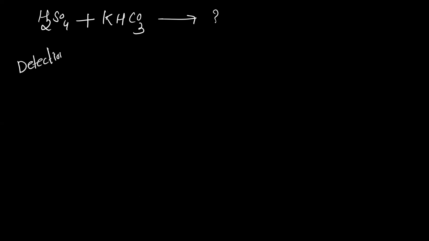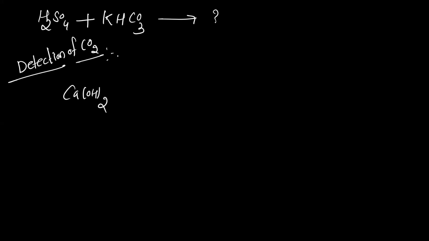Yes, we are saying carbon dioxide gas is produced, but how will you confirm that the gas produced is carbon dioxide only? If we pass the carbon dioxide gas through lime water, then lime water will turn milky. What is the formula of lime water? Ca(OH)2, calcium hydroxide.